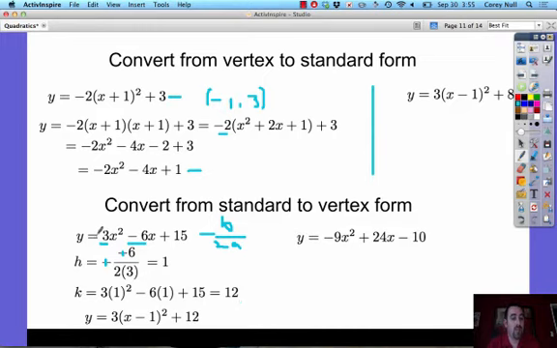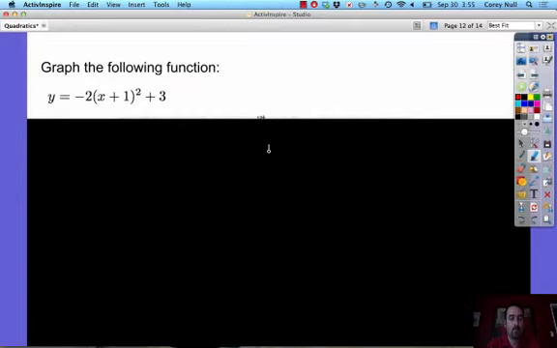So 3 is still A. A is the same in both forms, the same exact number. And I have x minus the h value, which is 1, all squared plus k. If I were to FOIL this out, I could get back to this. Very nice.